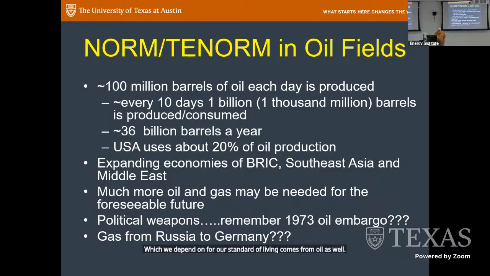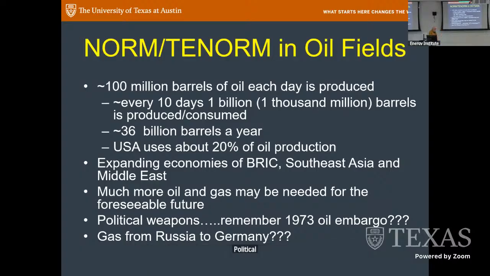The expanding economies of BRIC, Brazil, Russia, India, China, Southeast Asia, and of course the Middle East, will probably need more oil as well. Much more oil and gas may be needed for the foreseeable future.